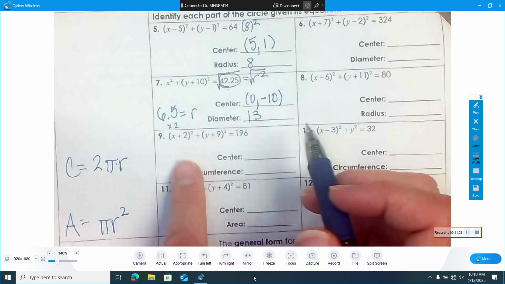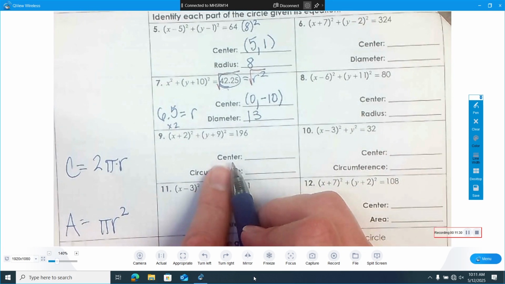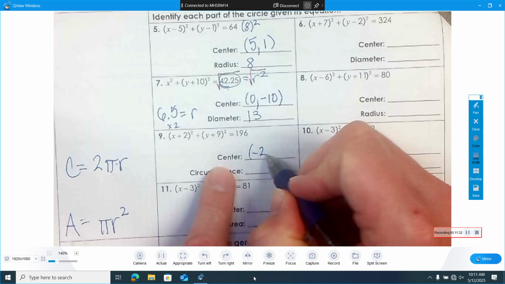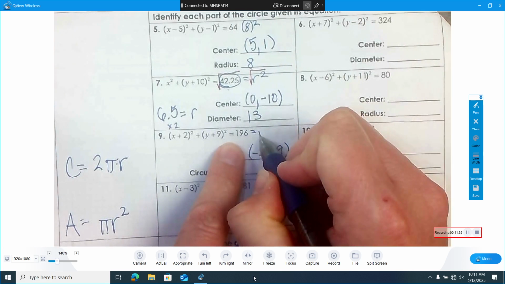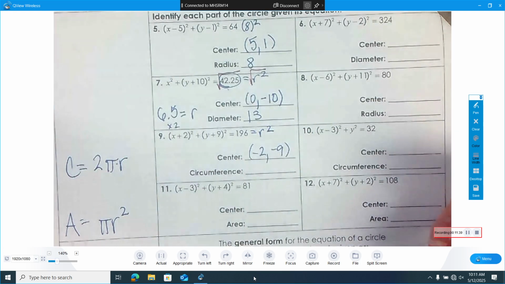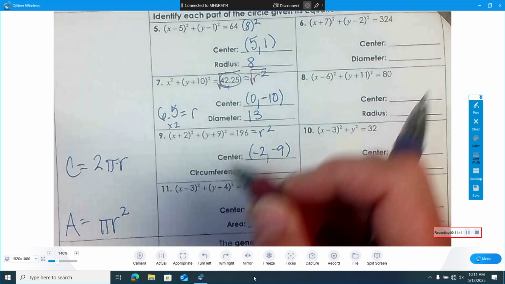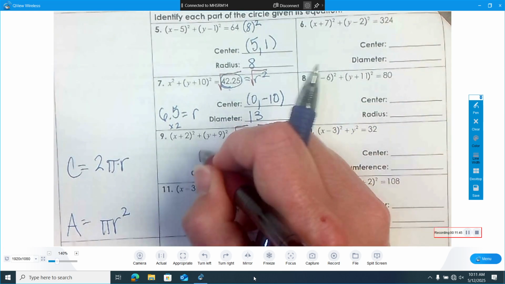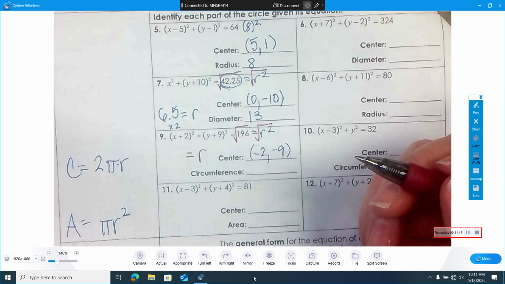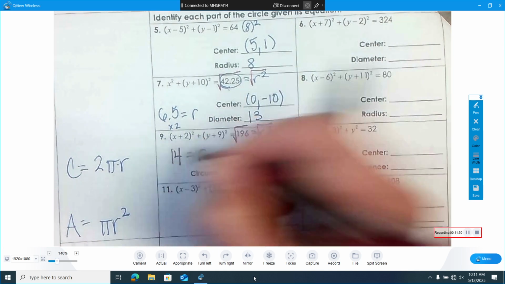So once again, we can start by finding our center. What's our center? Negative 2, negative 9. And remember, 196 is our radius squared, so how do we figure out the radius? Square root, okay, so what's our radius? 14, all right.